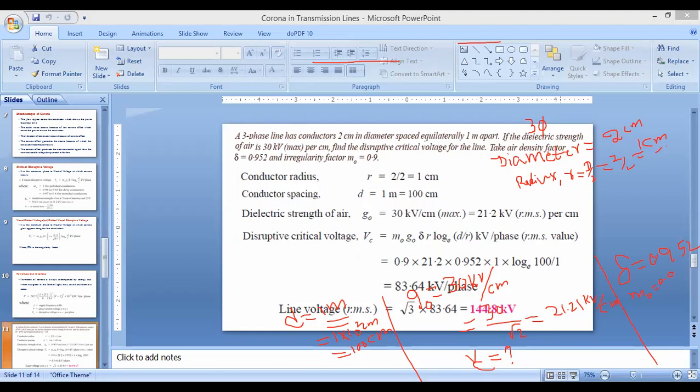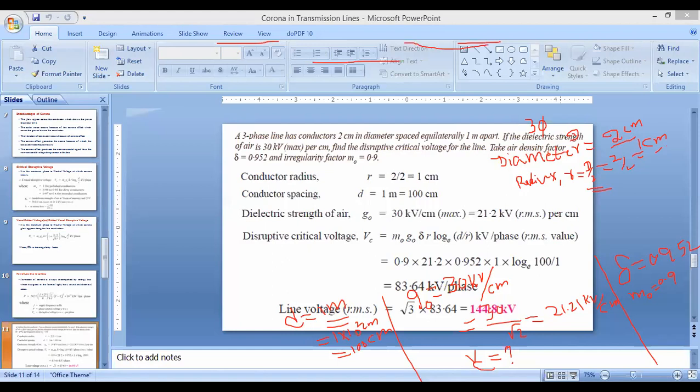In the problem, they clearly mention a three-phase system with conductor 2 centimeter in diameter. The diameter is given as capital D equal to 2 centimeter, but we require the radius, r equal to half of the diameter, 2 by 2, that is 1 centimeter.